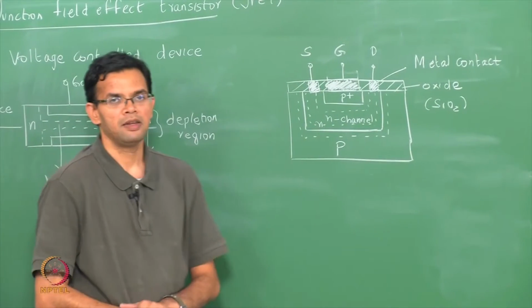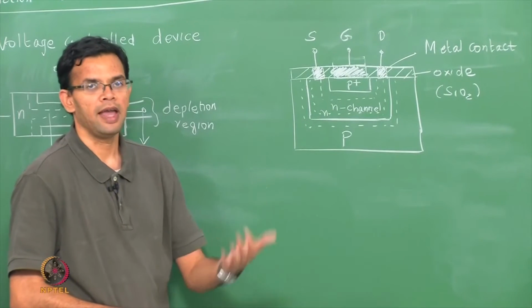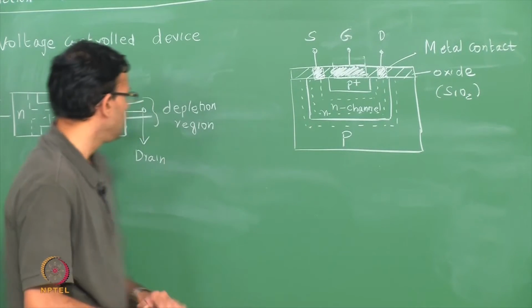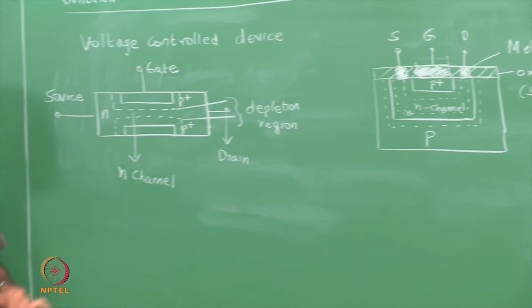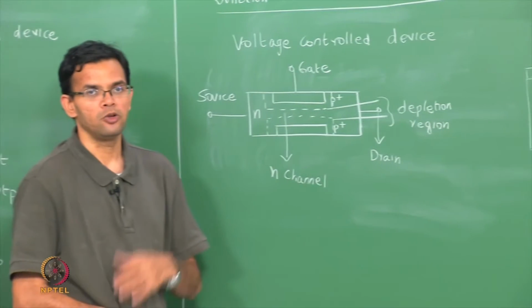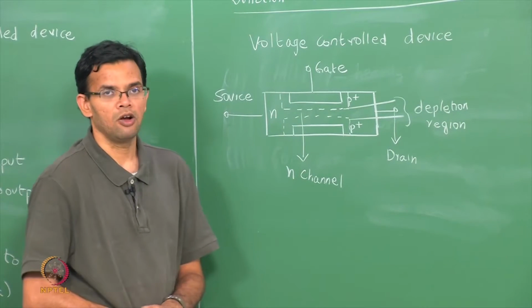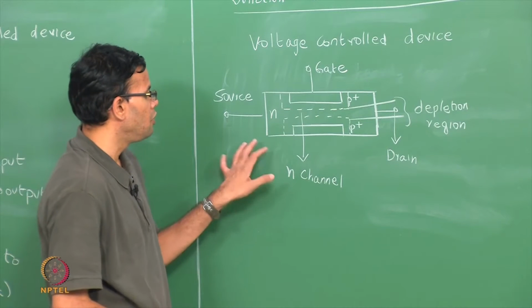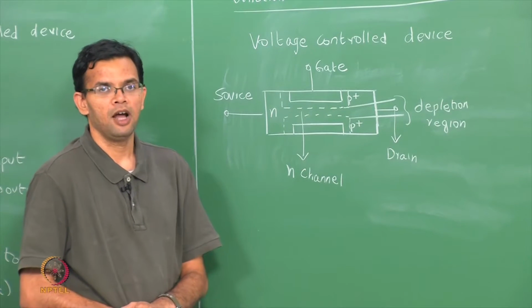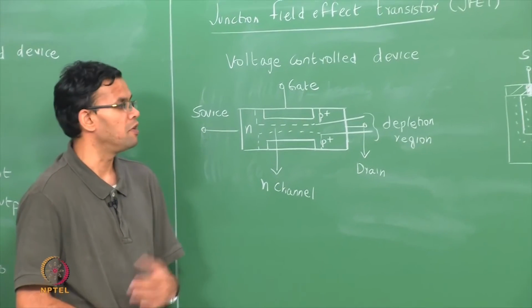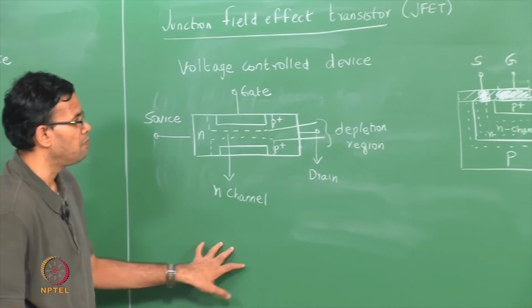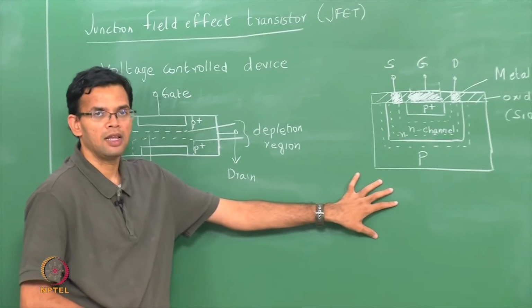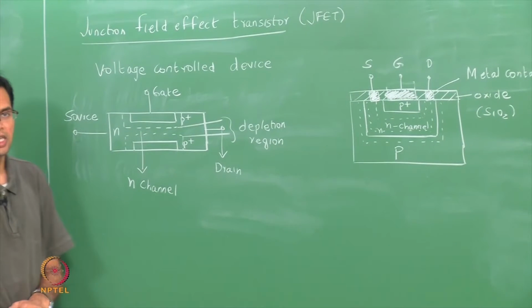So this schematic represents more of how the actual device will look. This particular diagram is something that I am using in order to explain the functioning of a JFET. We will use this to explain how the current and voltage behavior works, but please keep in mind that a more practical device will have a different schematic.